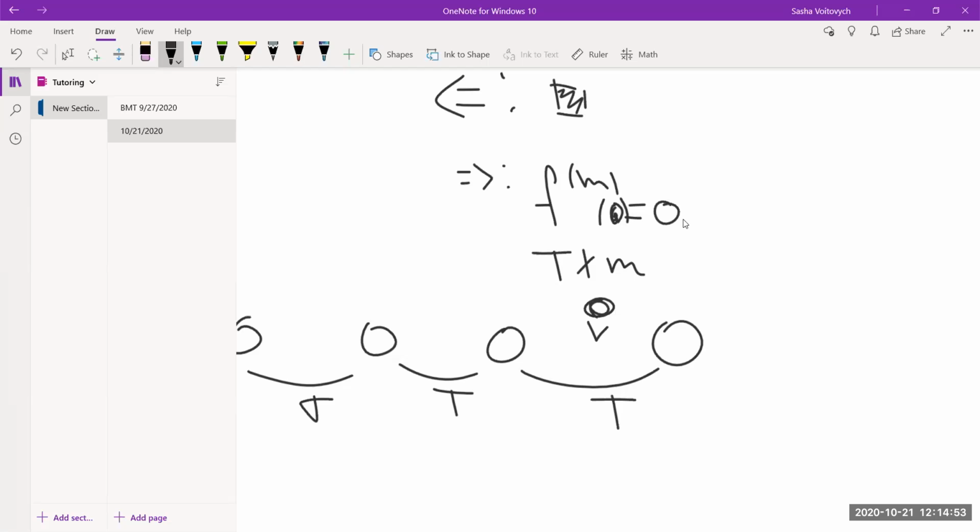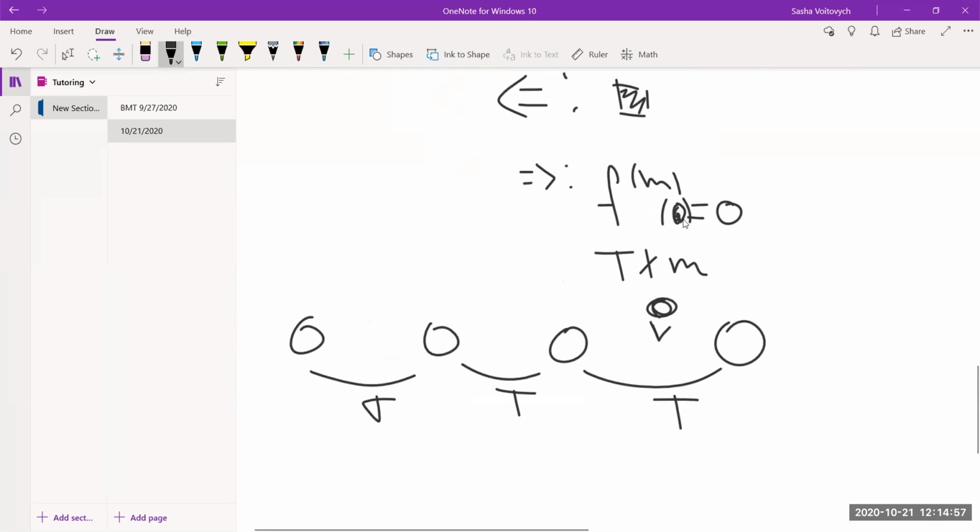Then, since this sequence is periodic with period t, this 0 will appear at position, so if this was position m, it will appear at position m minus t over here. And it will appear at position m minus 2t, since we know that the sequence is periodic.